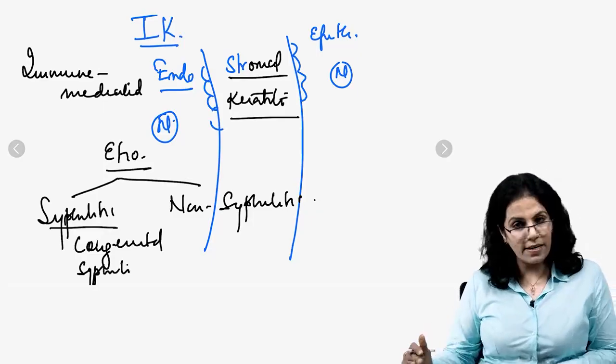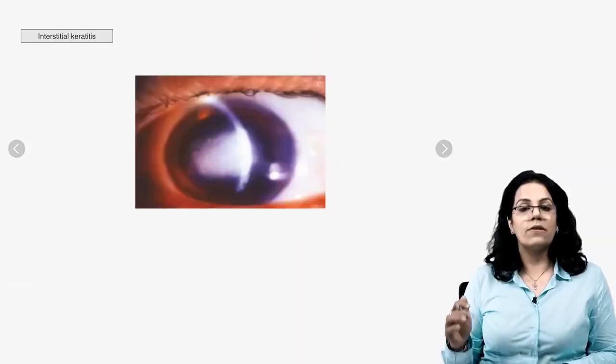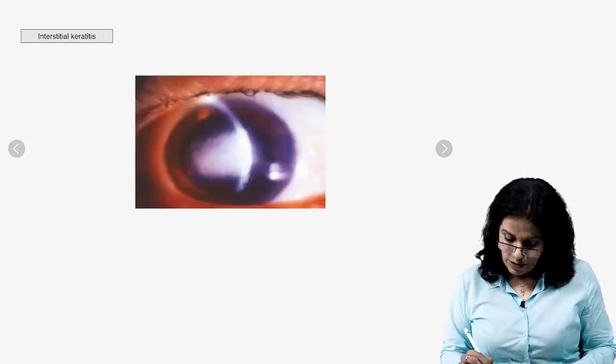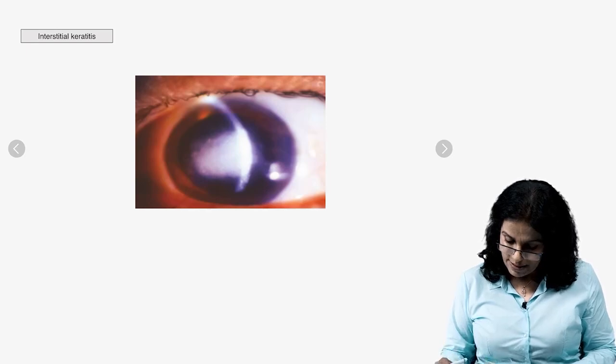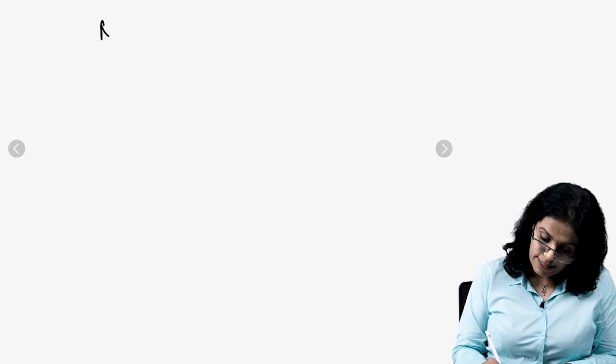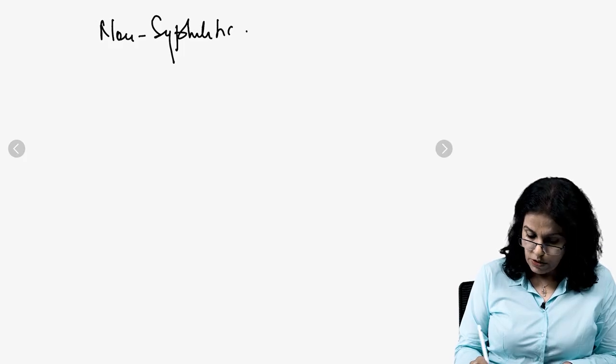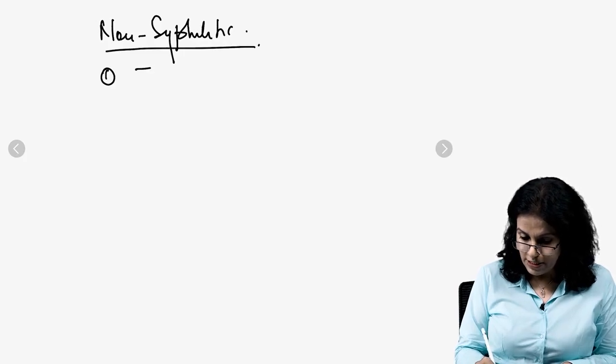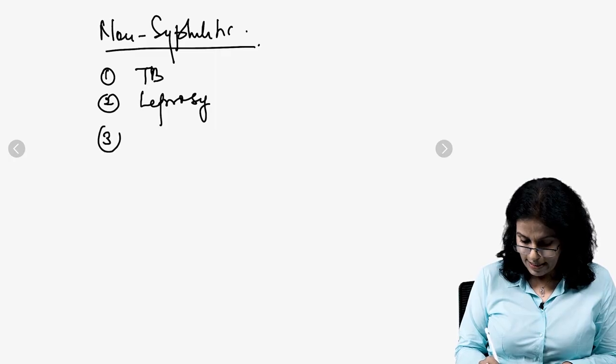What about the non-syphilitic? What are the causes? So, if you look here, this is pure stromal involvement. This is stromal keratitis. Talking about non-syphilitic causes, just remember all the granulomatous inflammations like tuberculosis, leprosy. What next?